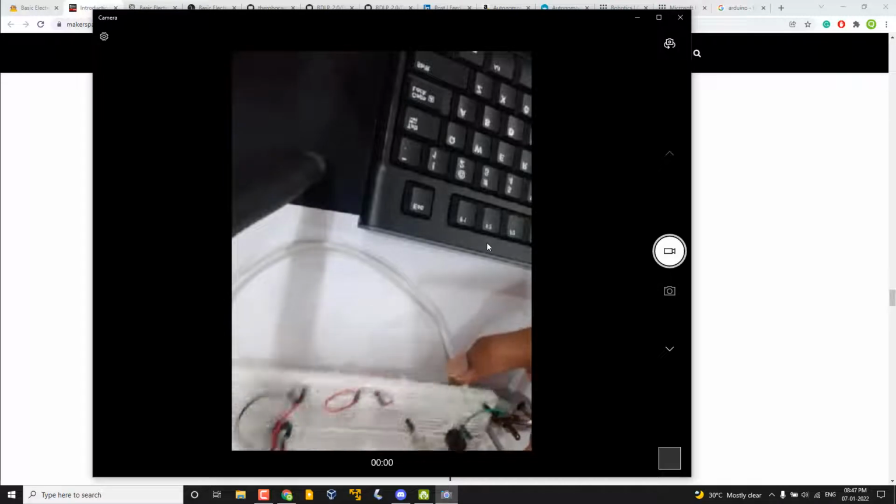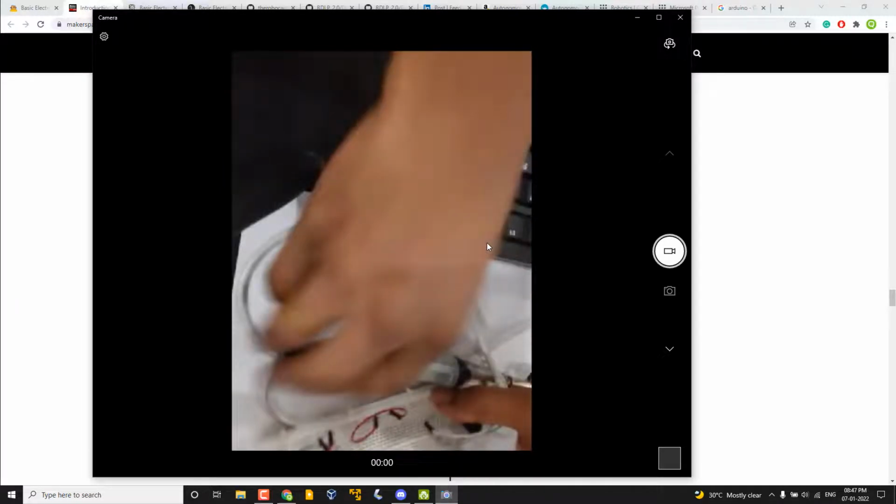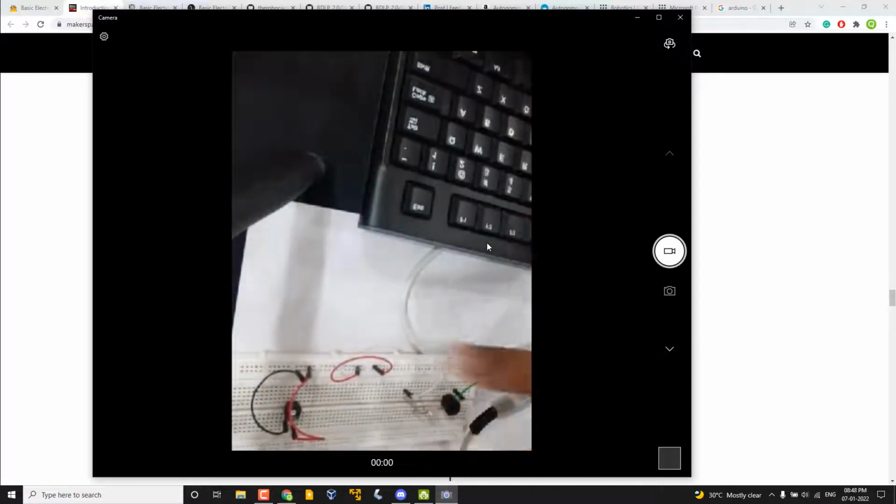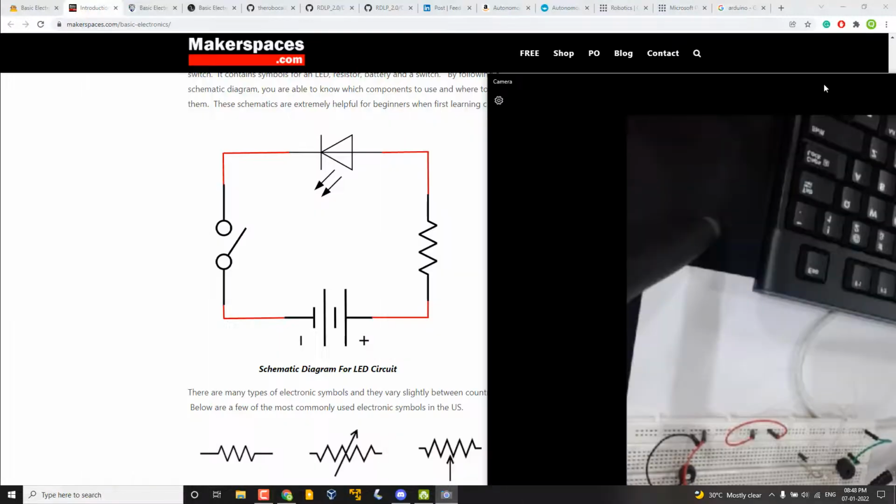This is called a breadboard. You can see a lot of slots, right? Inside that you can just plug a point.